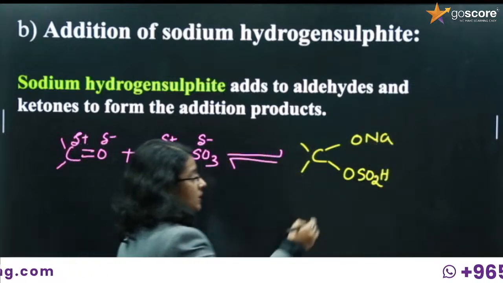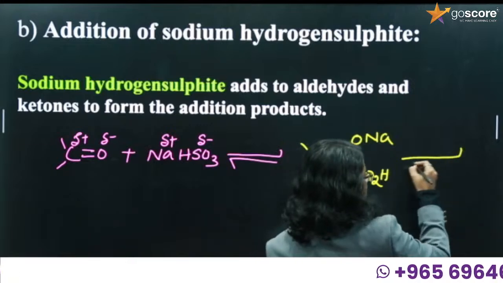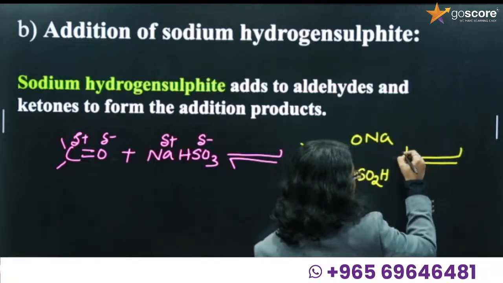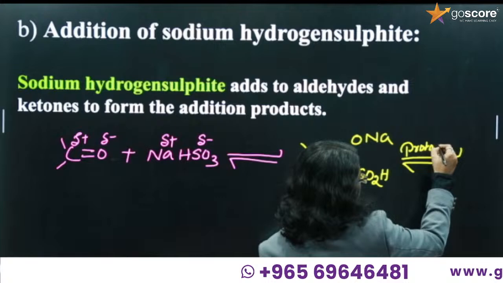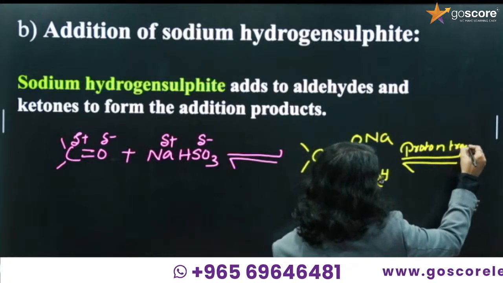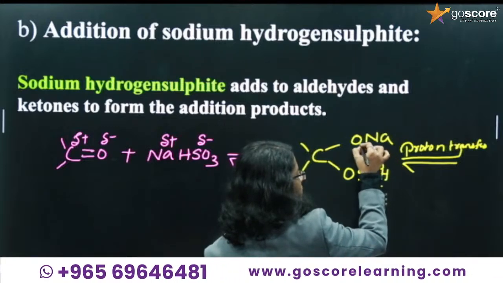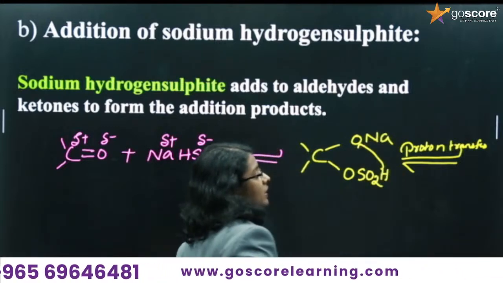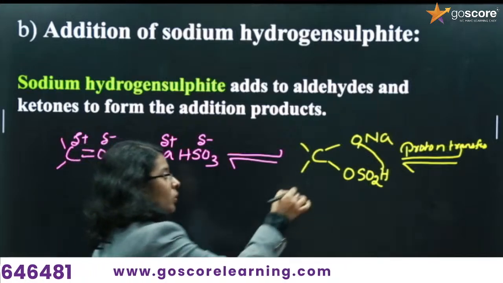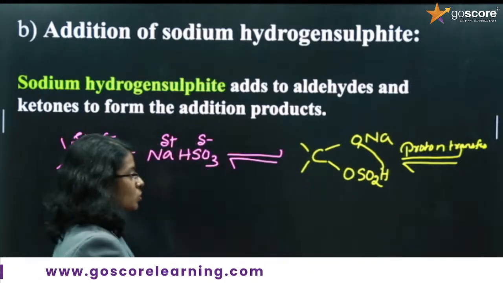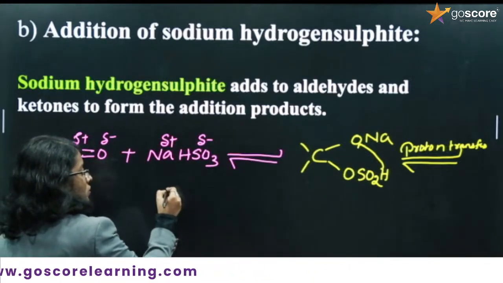In this, proton transfer will occur. So this hydrogen will be shifted to oxygen and this Na will be attached to the OSO2Na. So you will get an addition product.